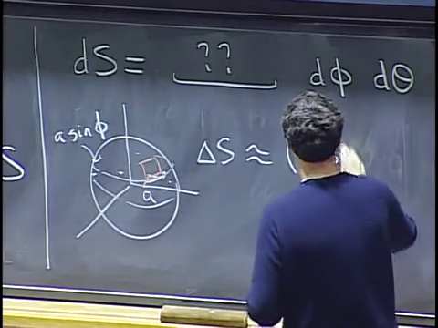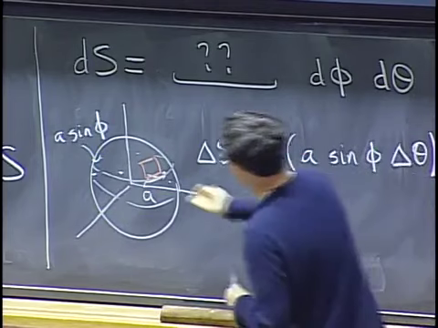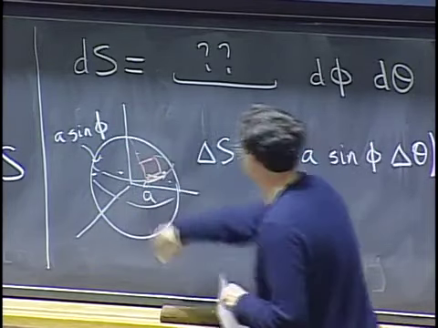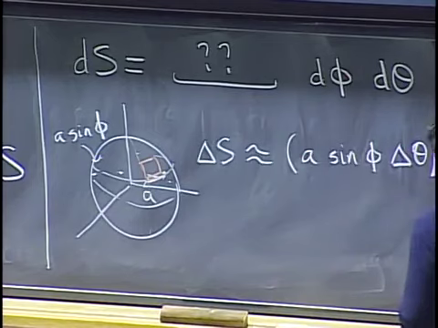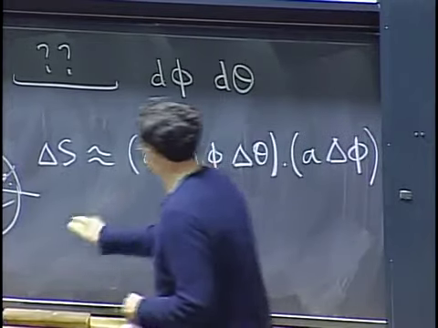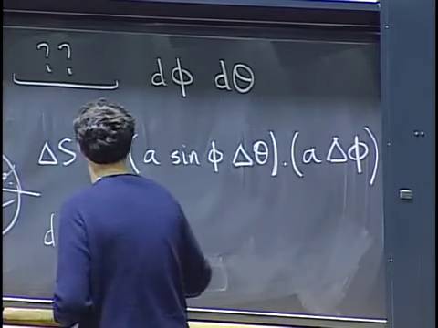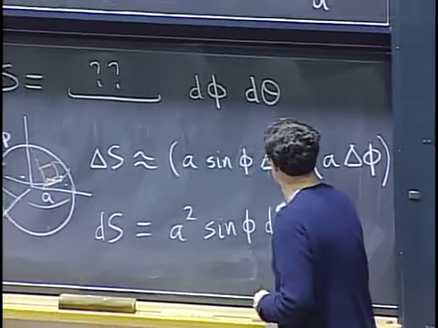So that side is a sine phi delta theta. And the side that goes north-south is a piece of a circle of radius a, corresponding to angle delta phi, so it's a delta phi. And so just to get to the answer, we got dS equals a squared sine phi d phi d theta.